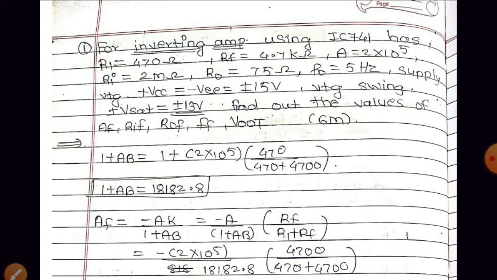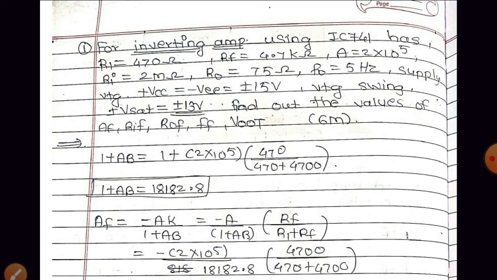See here one example they mention. For an inverting amplifier using IC741, R1 is equal to 470 ohm, RF is equal to 4.7 kilo ohm, gain is 2 into 10 raised to 5, input resistance is 2 mega ohm, output resistance is 75 ohm, frequency is 5 hertz, supply voltage is plus minus 15 volt, voltage swing plus minus 13 volt, and we have to find out all these parameters: gain, input resistance, output resistance with feedback, bandwidth, and VOT.